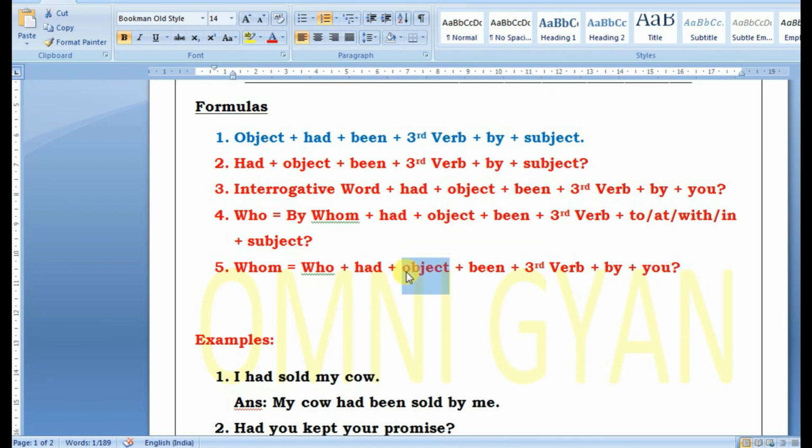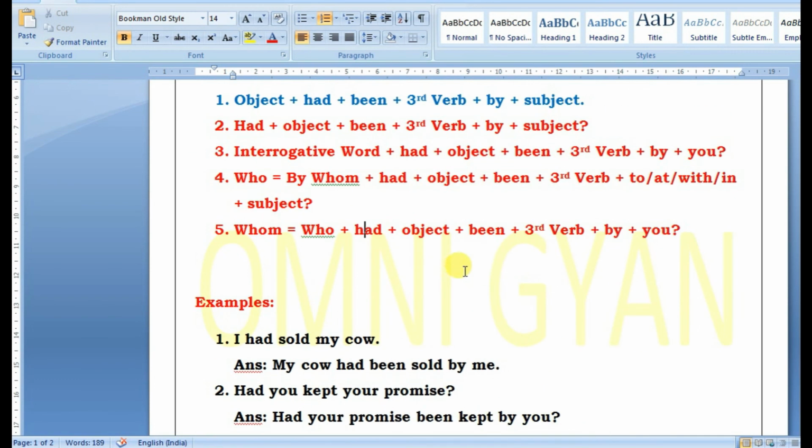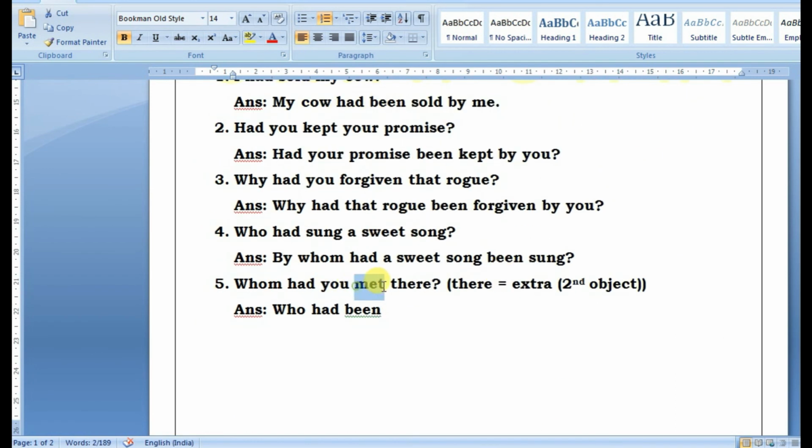Okay, so what we do is that we skip the object and we jump onto been. So who had been, and then verb third form is met, who had been met.